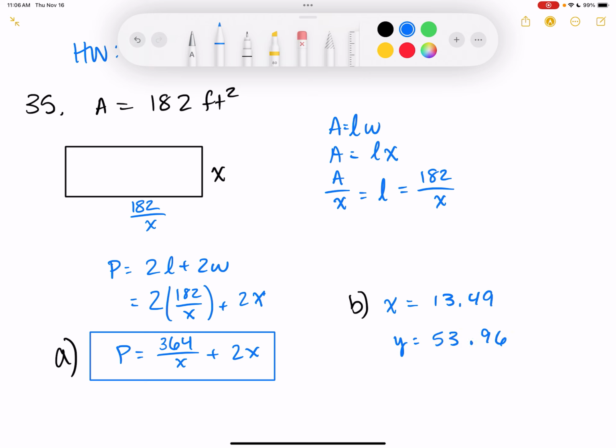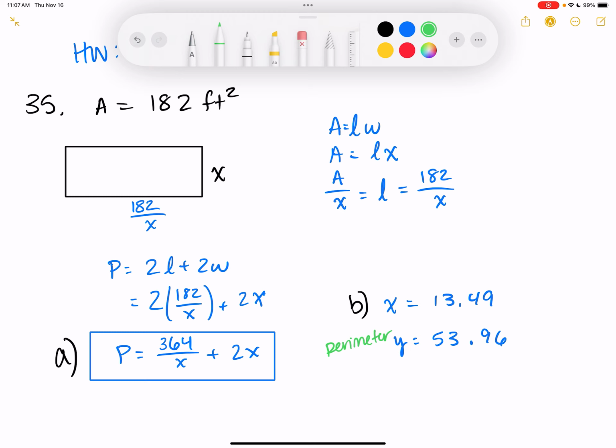That's where the minimum occurs. Apparently the y value is the perimeter.